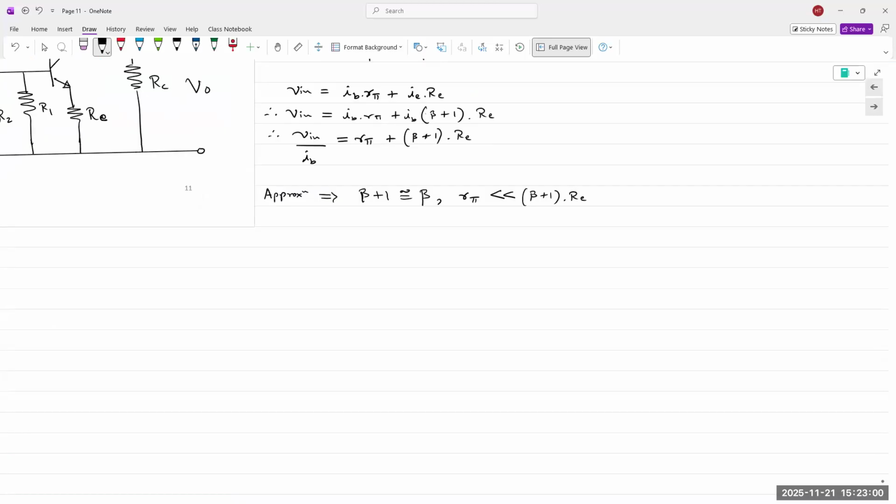And so the approximate impedance looking into the base can be written as beta times RE.